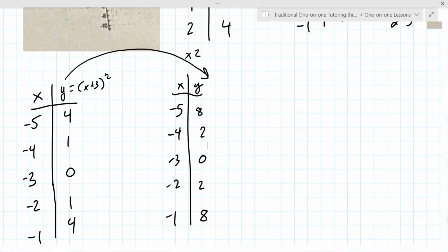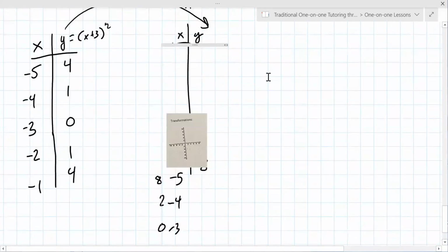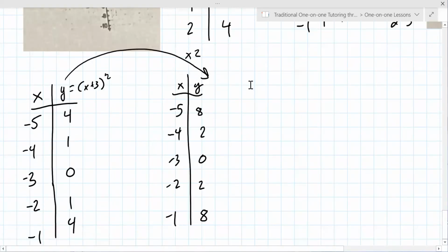All right. We're going to graph that. So I'm going to snip in the next transformation. This is the second of 3.